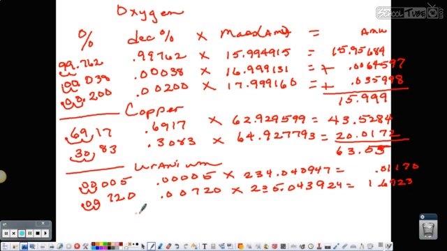The last percentage is a big percentage, 99.275 divided by 100. Move your decimal 2 places. So I have 0.99275 times 238.050784.